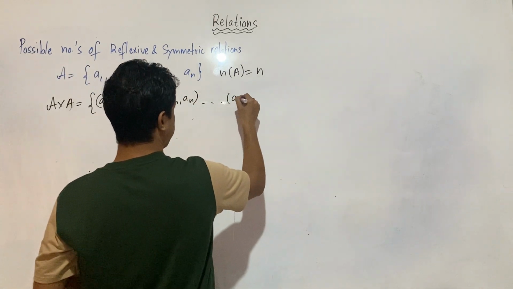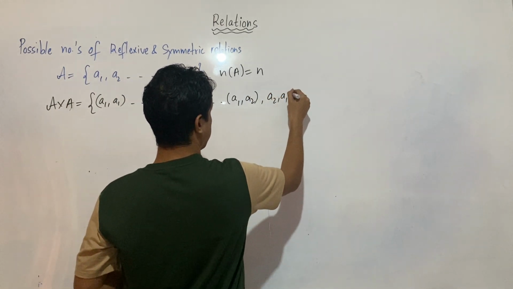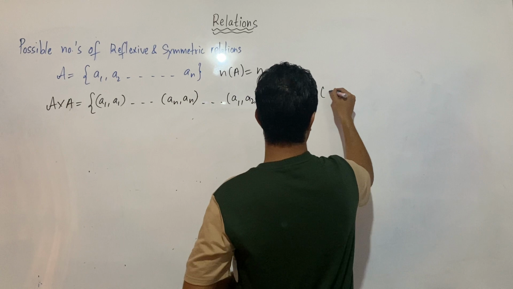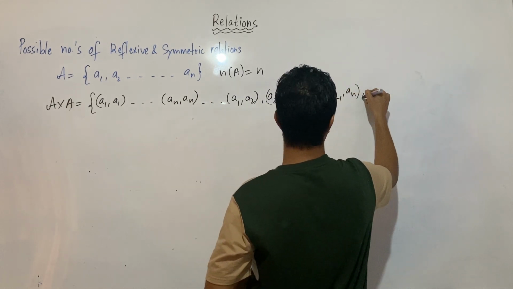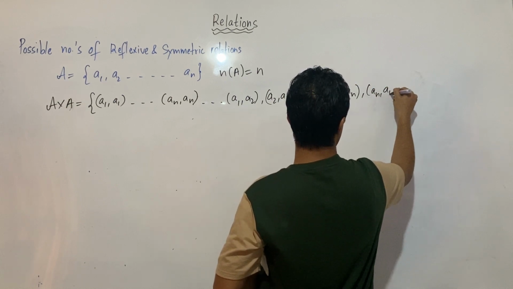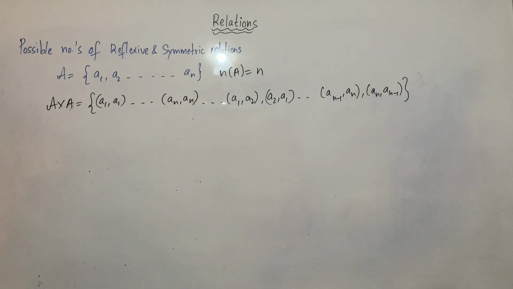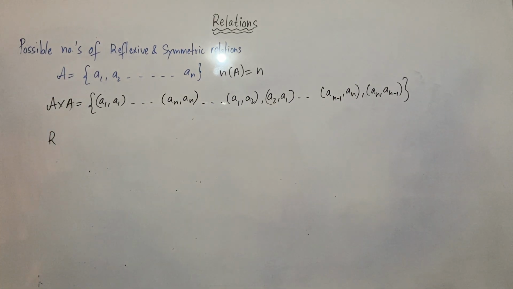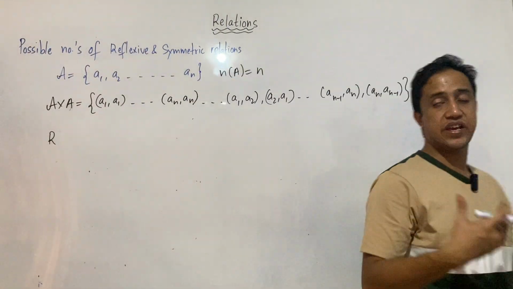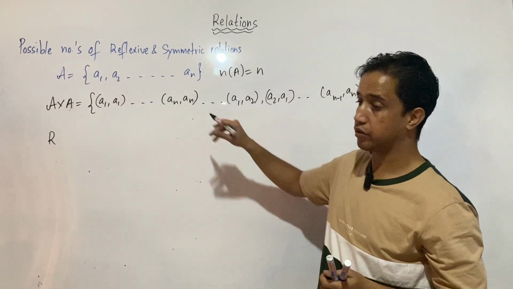And here I would get something like (A1,A2), (A2,A1), then (AN-1,AN), and (AN,AN-1), right? Okay. Now, let's say that this R is the relation, and this relation has to be reflexive and symmetric. So we have to find how many such relations are possible on this set A.